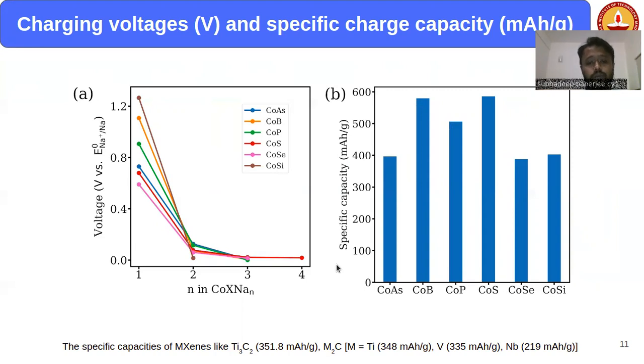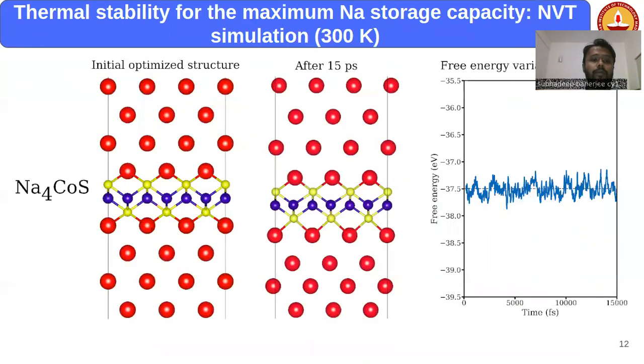Now, to check the stability of the maximum sodium atoms loaded structure, we have performed the AIMD simulation, and we observed that after 15 picoseconds of time, there is no coagulation of the sodium atoms, and no structural deformation was observed for the entire structure.